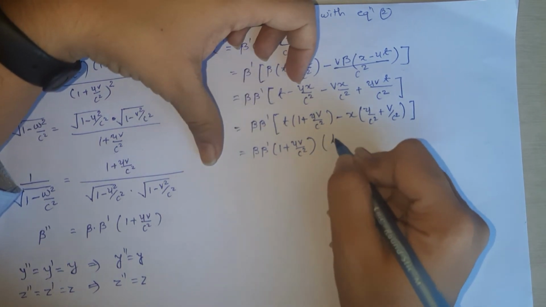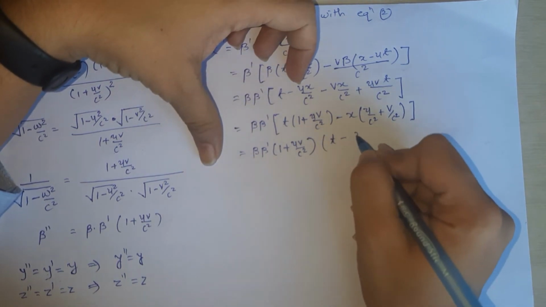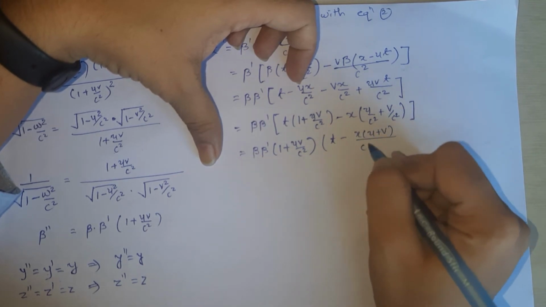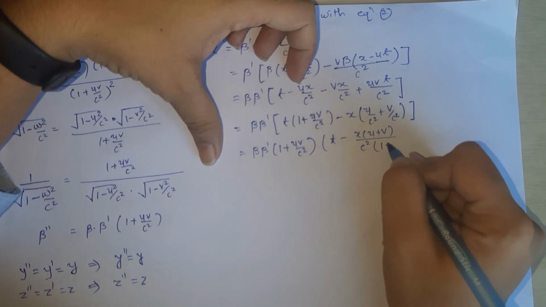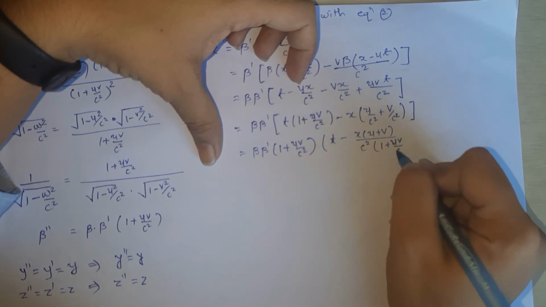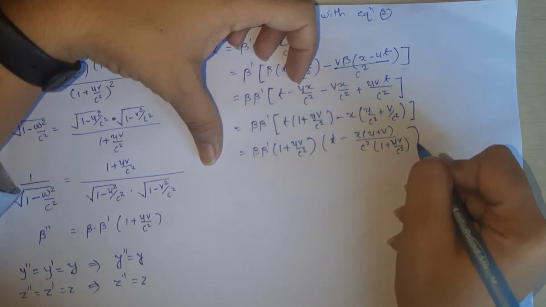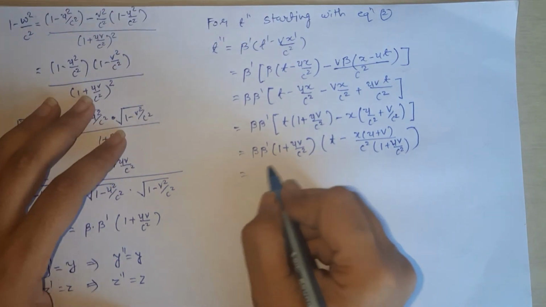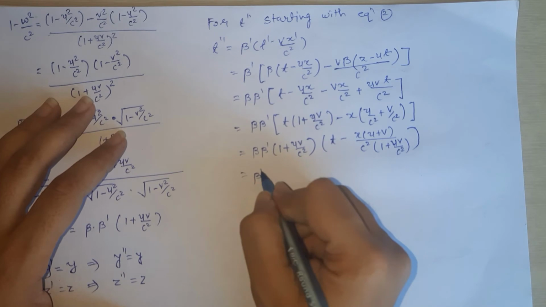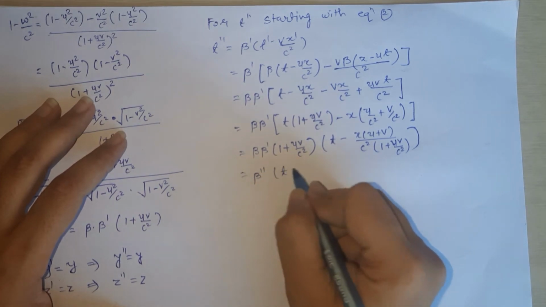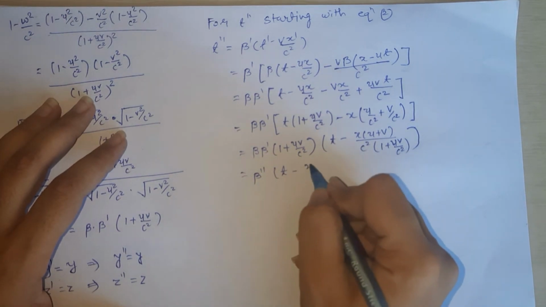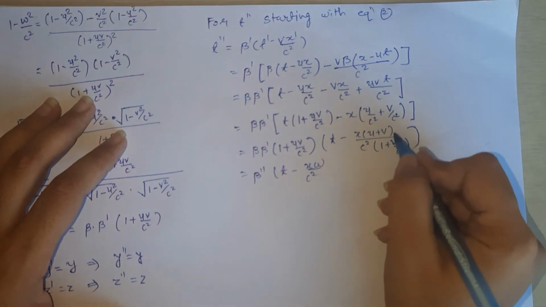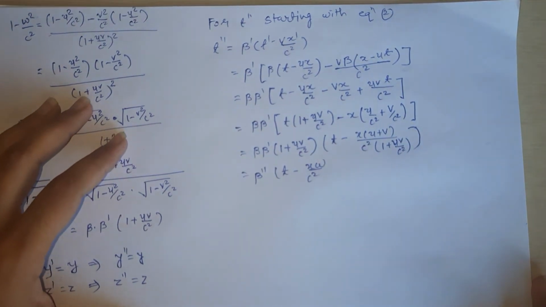So here we are left with t minus x into u plus v upon c square into 1 plus uv upon c square. So this is our beta double dash. So we are left with t minus x upon c square, and this is the value of w, u plus v upon 1 plus uv upon c square.